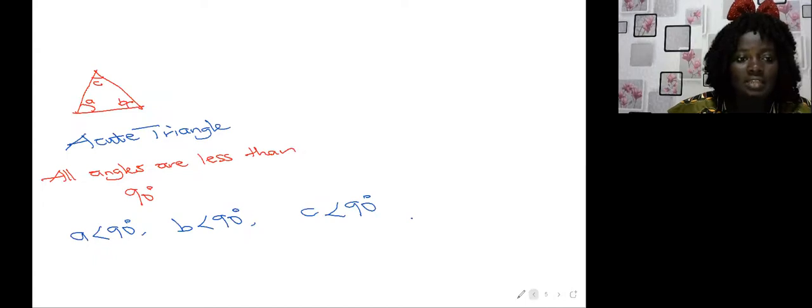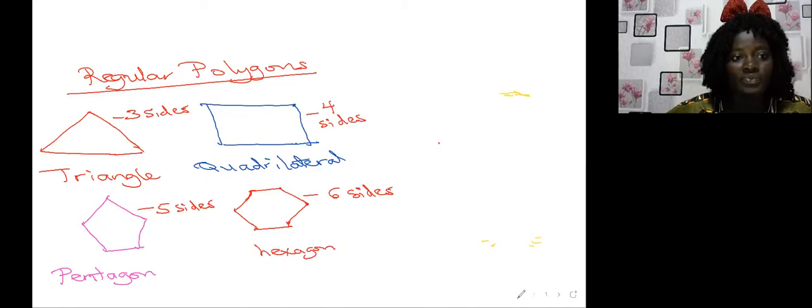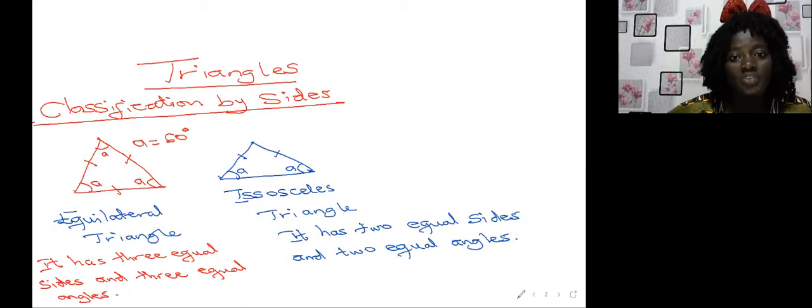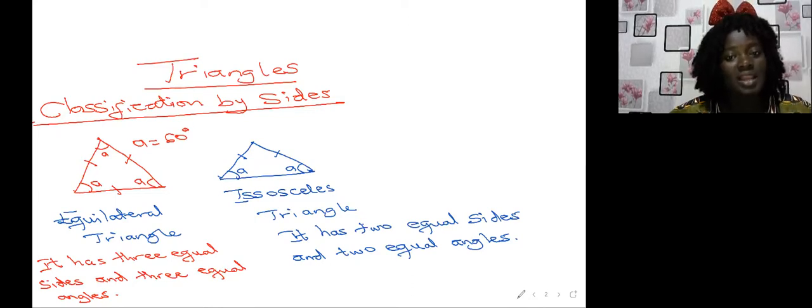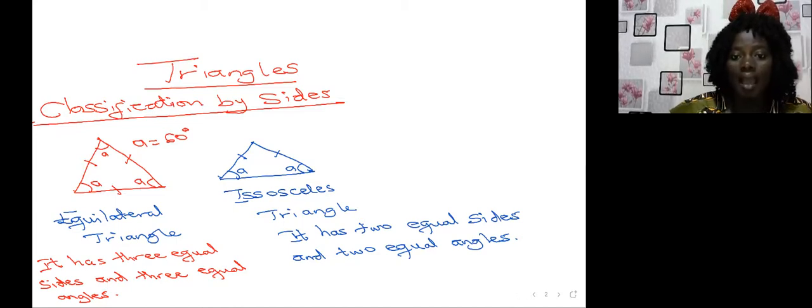So let's go back again. We first of all looked at a regular polygon. Then we came to triangles. We classified triangles by sides: the equilateral, the isosceles, and the scalene triangle, and we looked at some characteristics of each. The equilateral triangle has 3 equal sides and 3 equal angles. The isosceles triangle has only 2 equal sides and 2 equal angles.